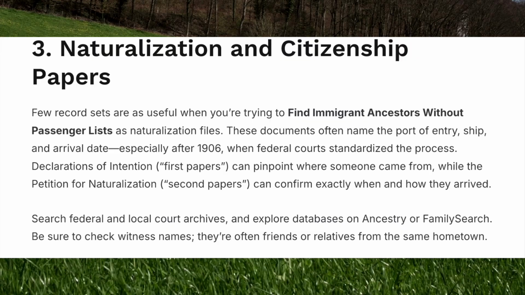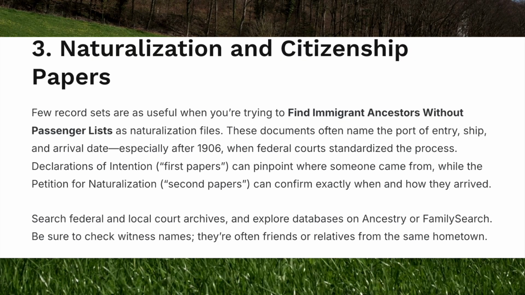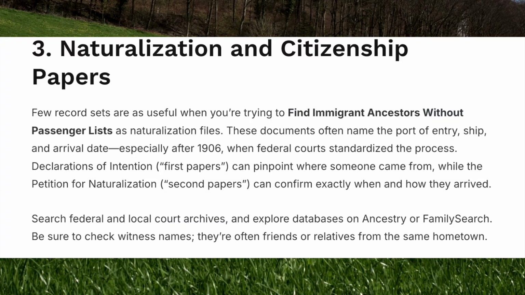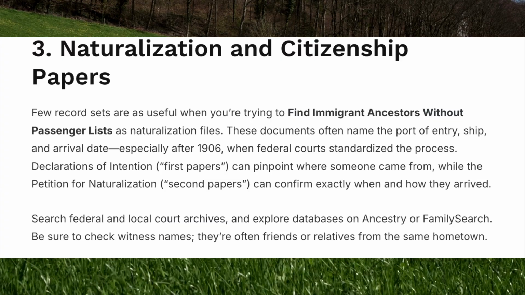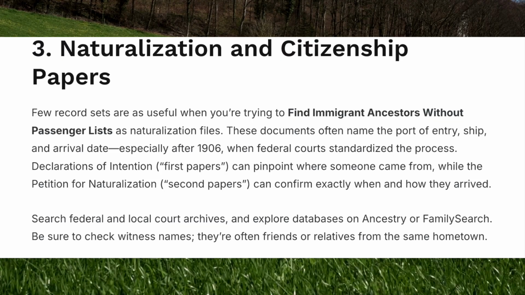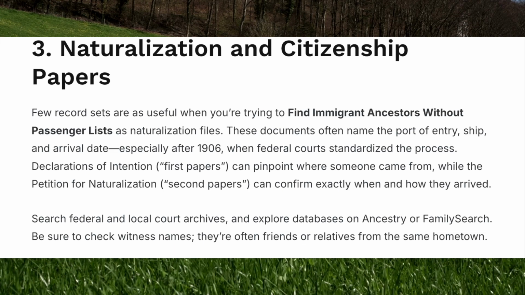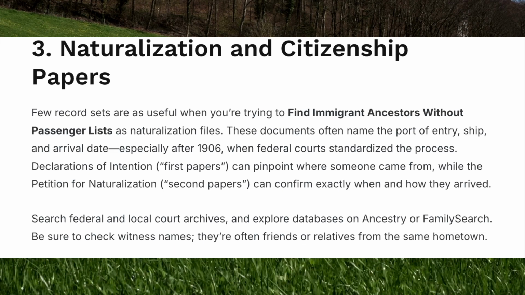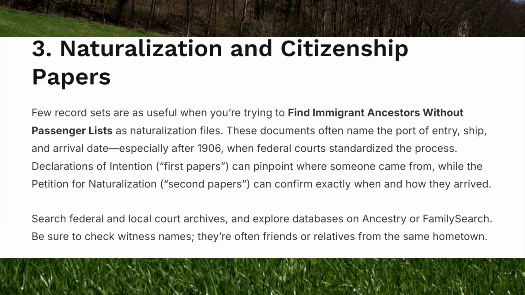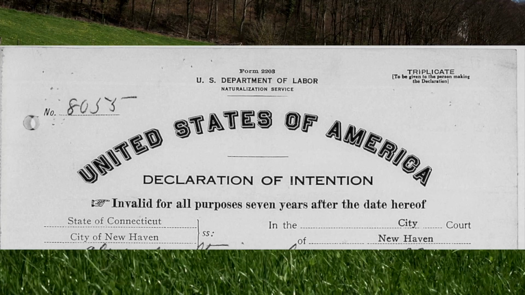So the other things you want to pair naturalization papers with are declaration of intentions and petitions for naturalization, okay? So these are often called first papers and second papers, but they went in sequence, right? Because if somebody, say, landed in, I'm going to use my ancestor as an example, New Haven, Connecticut, in 1904, right?